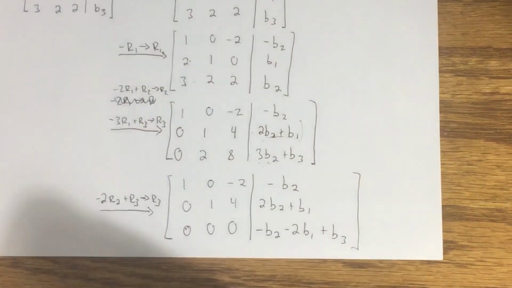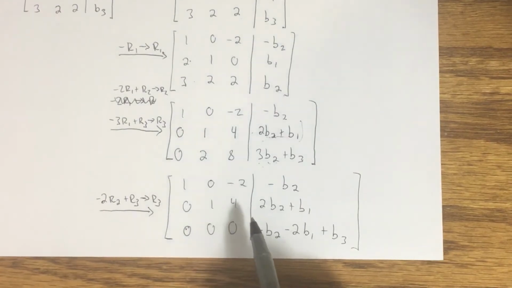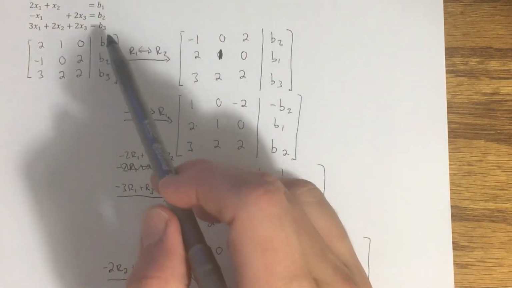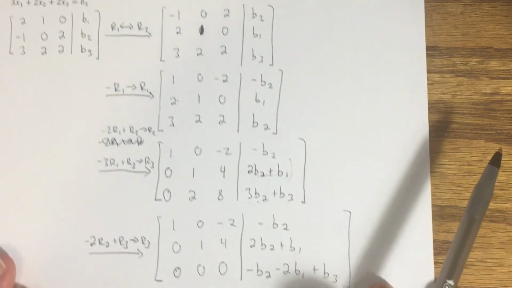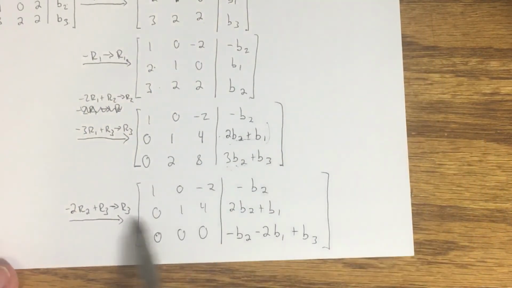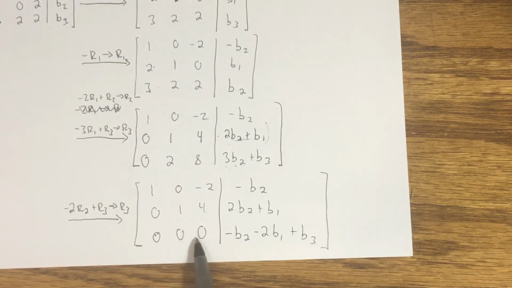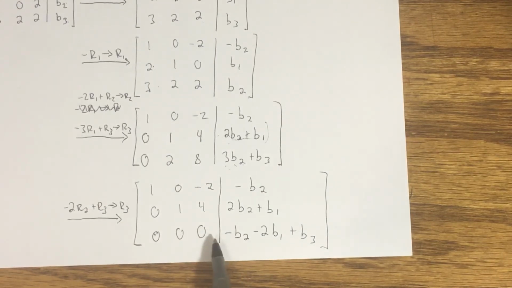And remember our goal, we want to determine conditions on these three unknowns here, b1, b2, and b3, that would give us a consistent linear system. Well, when you get a row of zeros, there's two possibilities. This will either imply that our system has no solution at all, or it has infinitely many. And how do we distinguish between the two?